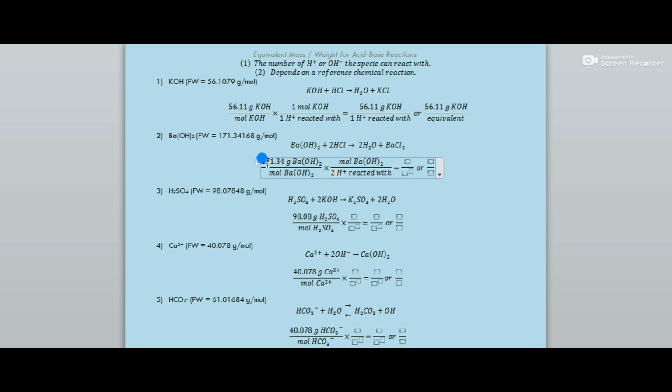So we have here the formula weight divided by 2.